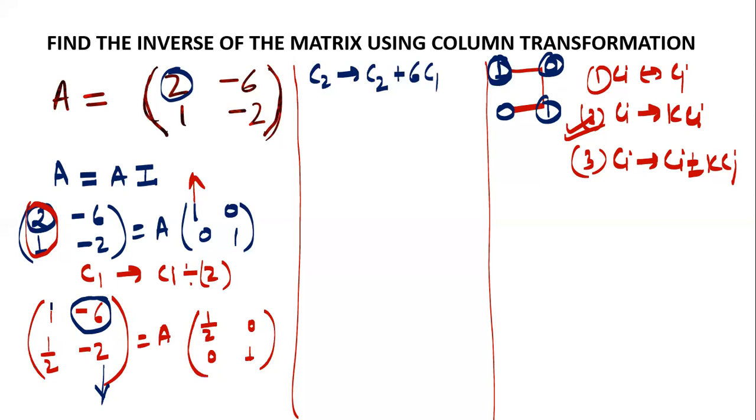If I multiply C1 by 6 and add into it, I will get 0 over here. Column 1 will remain as it is, no change, and it will become 0. And C2, that is minus 2 plus 6 into C1, that is half. That is minus 2 plus 3, that is 1. It will become 1.